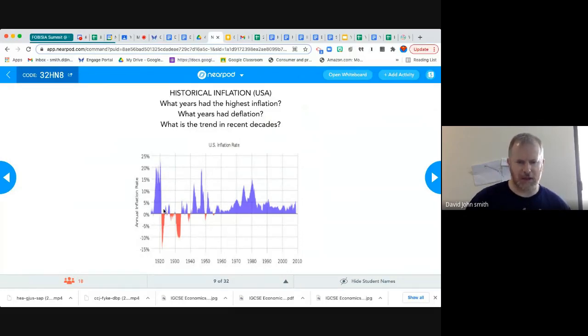If you're looking at the 1920s, we're seeing some pretty staggering levels of inflation. And then we're seeing a bit of a drop-off here with deflation occurring, particularly in the early 1930s. Now, if you take just that window of time, 1920s into the 1930s, we've discussed this previously.